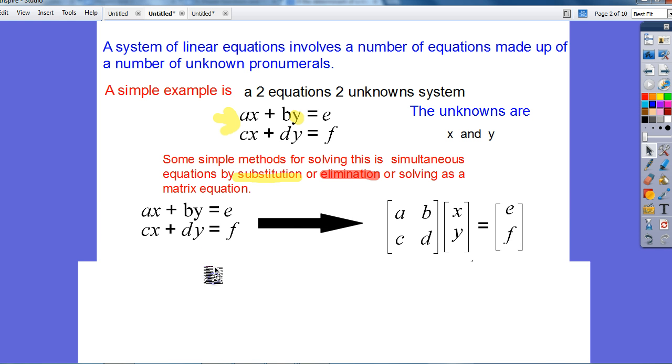So here we go. Here's a pair of simultaneous equations. They can be represented in matrix form, where a, b, c, d is what we call the coefficient matrix.